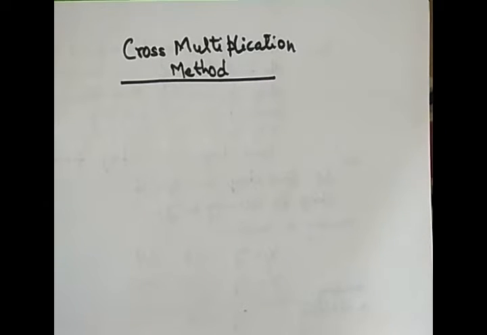But if a1 upon a2 is equal to b1 upon b2 is not equal to c1 upon c2, it will be the condition of no solution. Similarly, if a1 upon a2 is equal to b1 upon b2 is equal to c1 upon c2, then it will be the condition of infinitely many solutions. So in both cases, if infinitely many solutions or no solution exist, then we don't need to solve the equations. Fine.